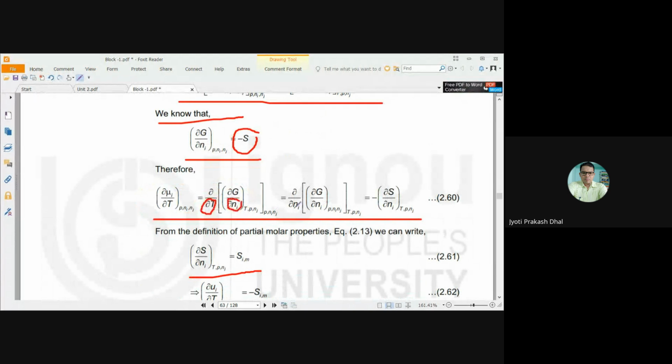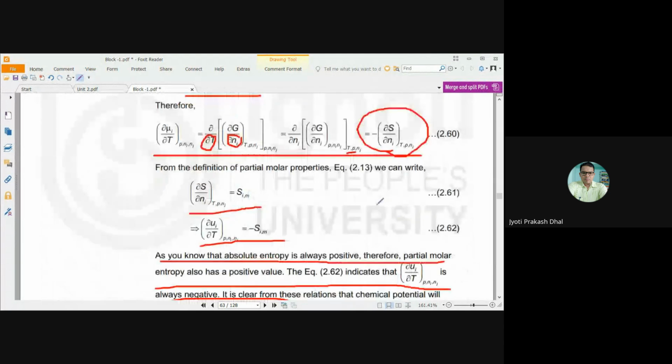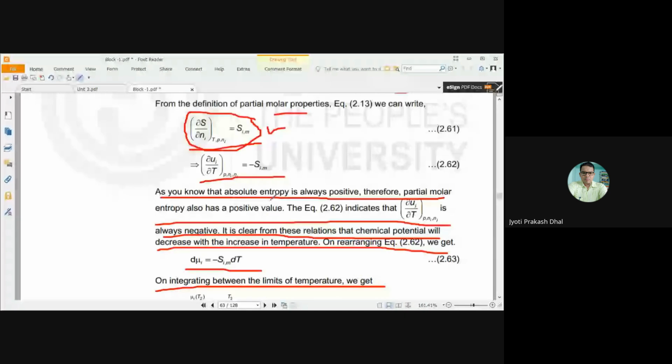So that will become ∂/∂Ni (∂G/∂T) at T, P, Nj, which will become minus ∂S/∂Ni at T, P, Nj. And from the definition of partial molar property, we can write ∂S/∂Ni at T, P, Nj equals the partial molar entropy. So this term will become minus Si, the partial molar entropy.